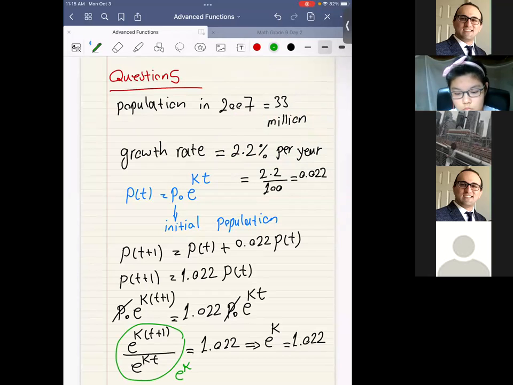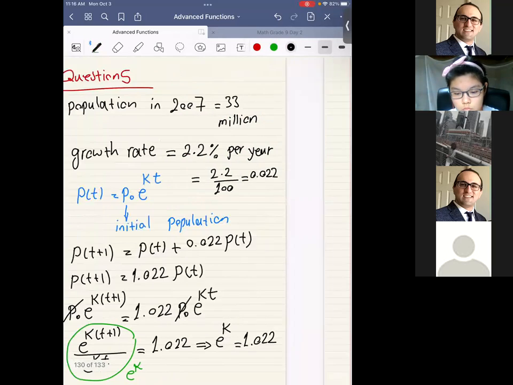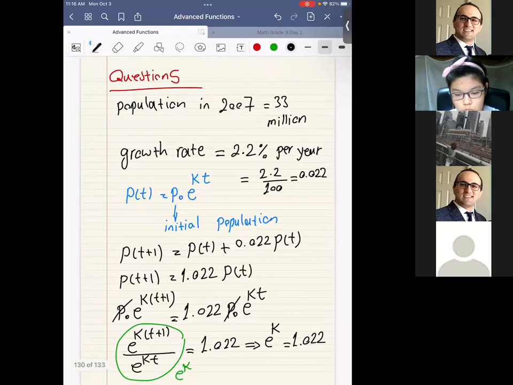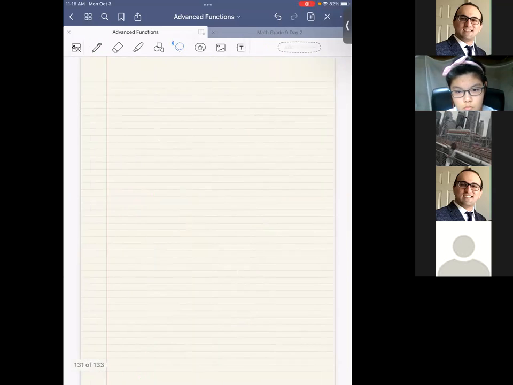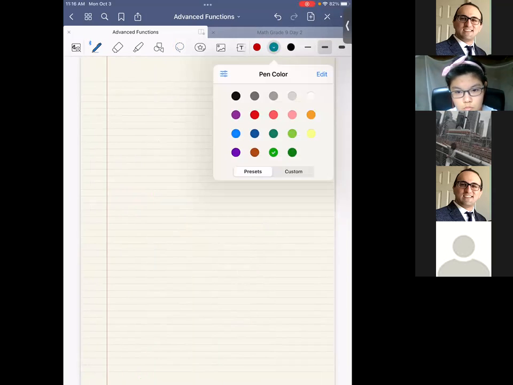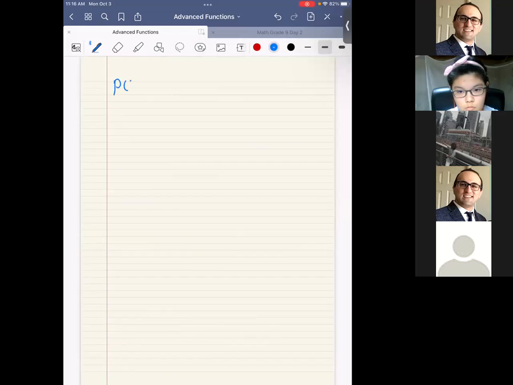So we have the exact model for the population. P of t is P0 e to the power kt.